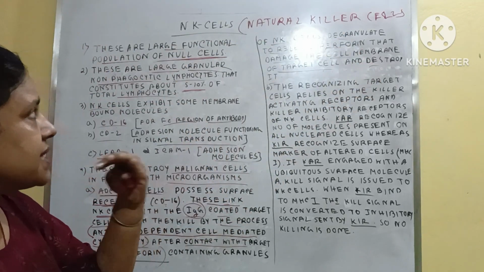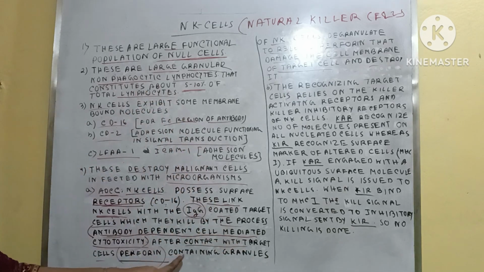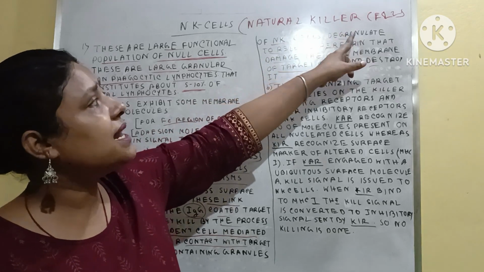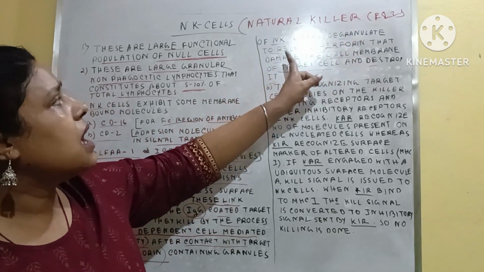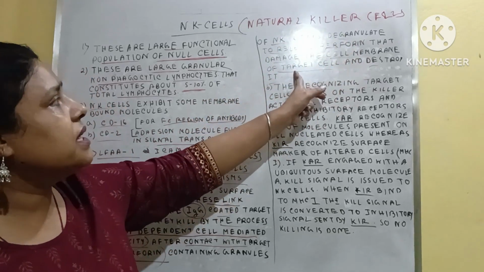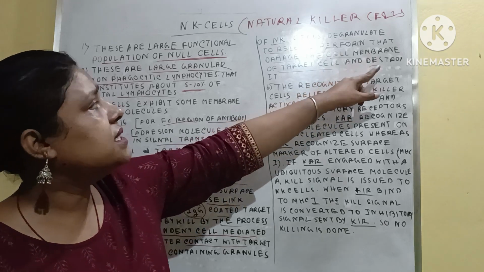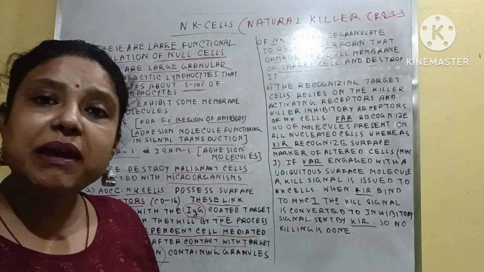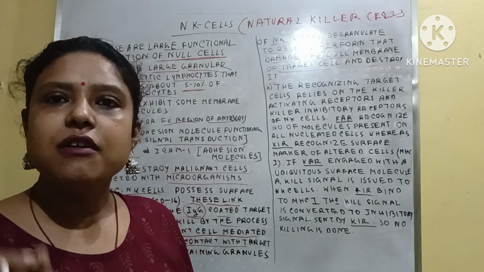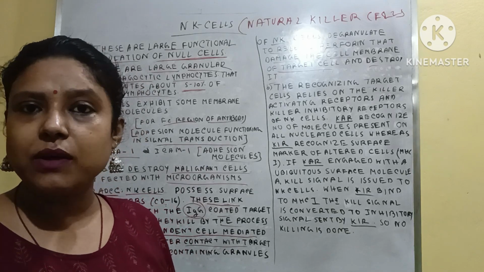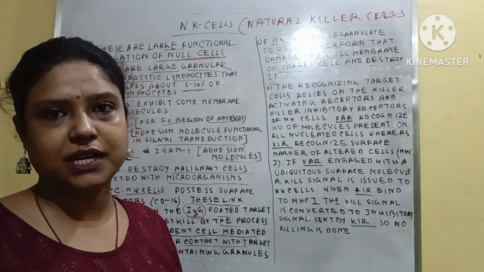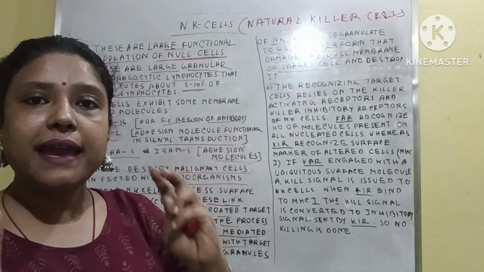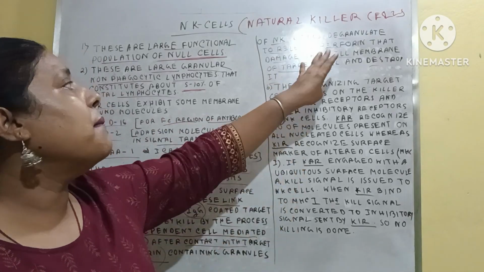Clear? Once again I repeat that perforin present within the NK cells degranulates, is released, and damages the cell membrane of the target cell and destroys it. First, the perforin destroys the membrane of the target cell to enter into it, and then destroys it. Here the actual role is played by perforin.